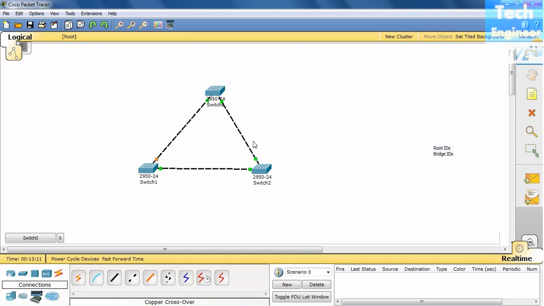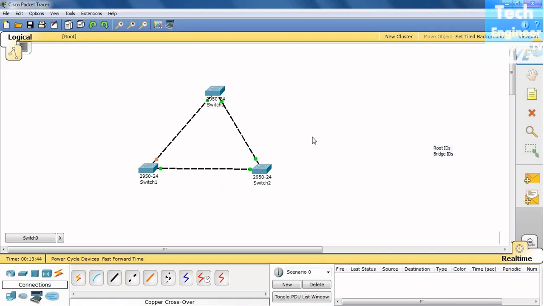Now, if two switches are in the same state, then the MAC address will be the decision maker, meaning the priority is the same and the VLAN is the same. For example, the priority value is 32768 plus 1, so 32769. Then the MAC address will be the decision maker: whichever has the lesser MAC address will be considered the root.